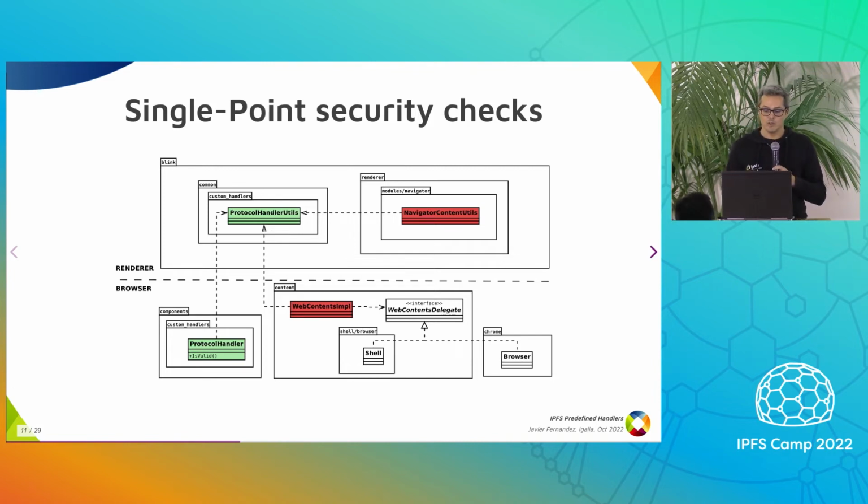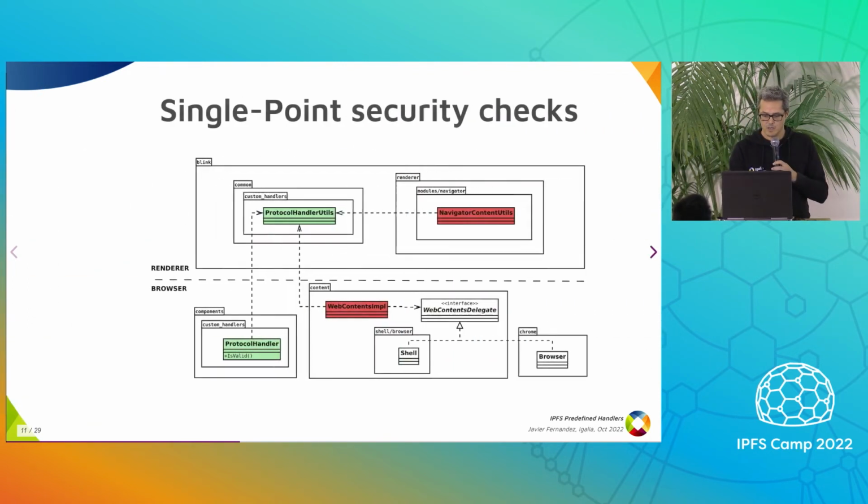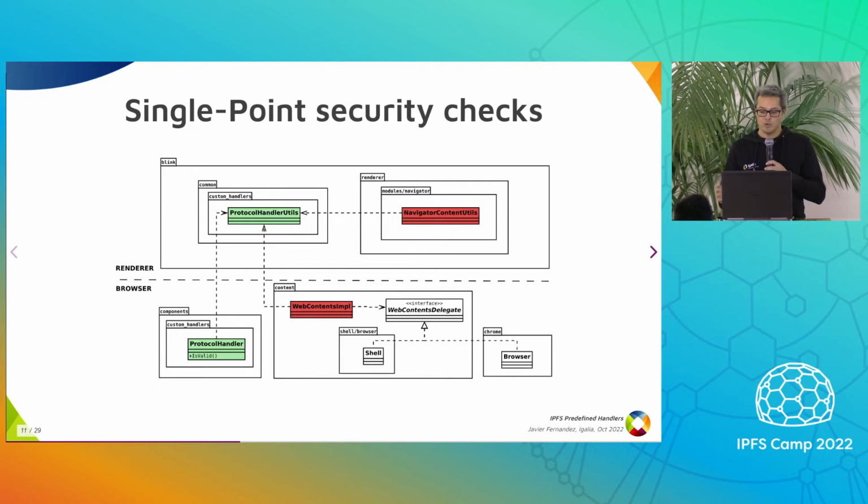We have moved all this logic to Blink, which, as you can see, is the main part of the web engine. So now both the WebContentsImpl, which is run by the browser process, and the navigation content utils, which is run by the render process, both use the same class where these privacy and security checks are implemented.